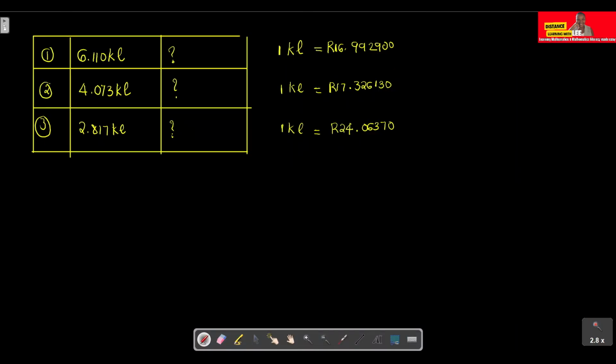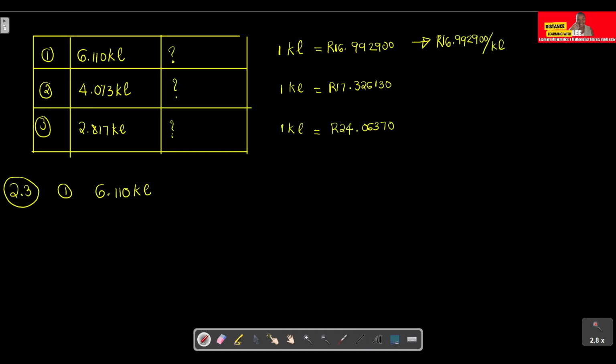Okay, so this is question 2.3, and we are now doing our solutions. Remember in the first block, we said that he used 6.110 kiloliters of water, and we were told that he pays 16.99290 per kiloliter of water.